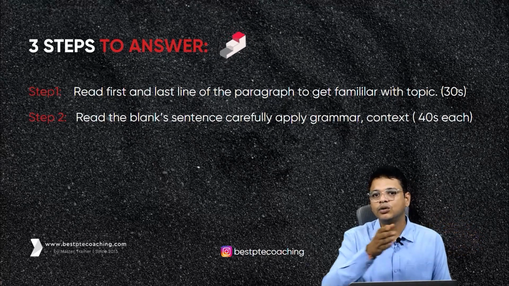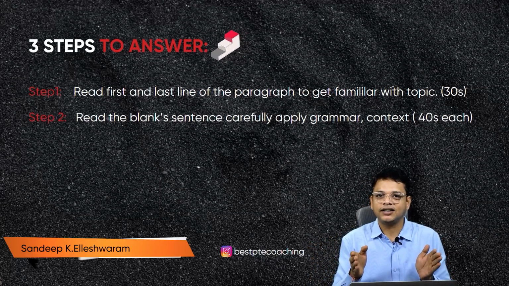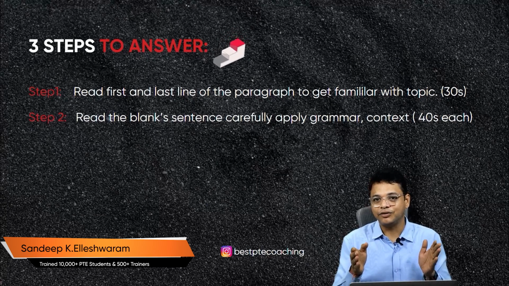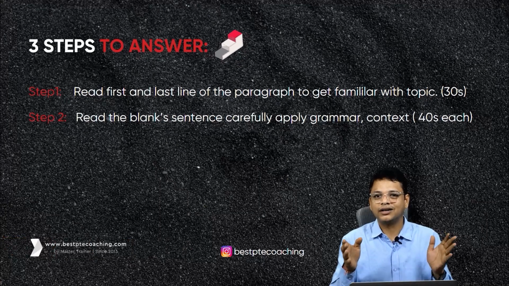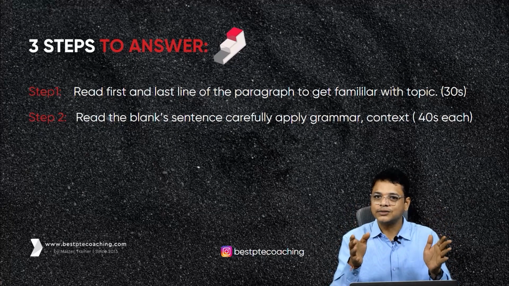Happening, not happening, go to the next one. So this 40 seconds per blank is a very mighty idea, right? It looks simple, it sounds simple, but it's a huge, super productive idea. So it's better you follow it.